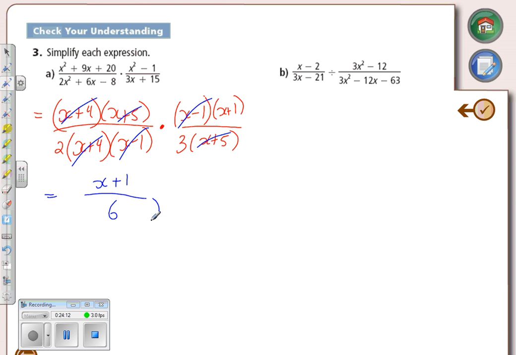But now here's the hard part. We've got to do the NPVs. Any place that there's an x in the denominator. X plus 4, so that means x cannot equal negative 4. X cannot equal positive 1. X cannot equal negative 5. It's always a good idea to write those in an order.